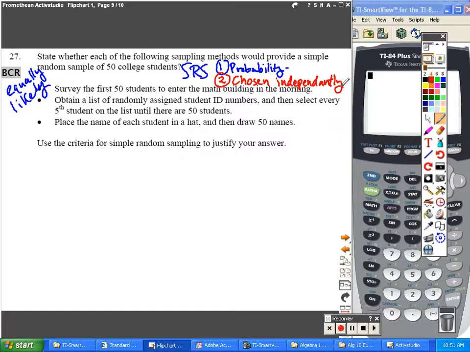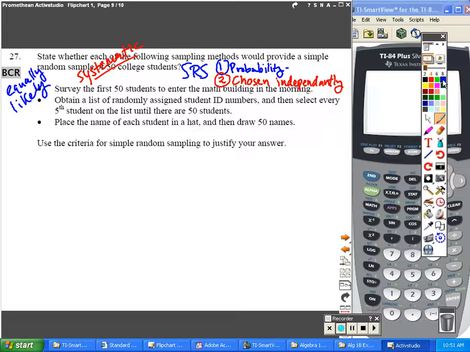If one person is chosen and then the rest depend on that, that wouldn't be independent. So things that are systematic would not be considered to be chosen independently. So those are the two factors at play here, and let's write up each one.